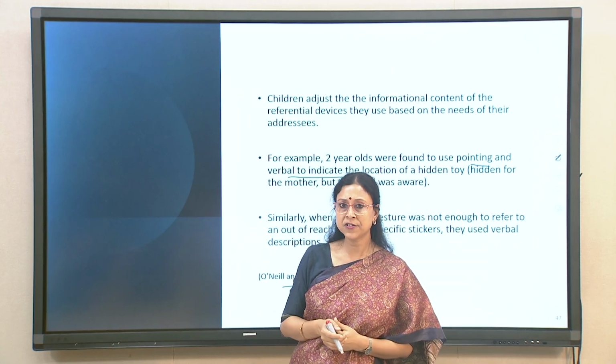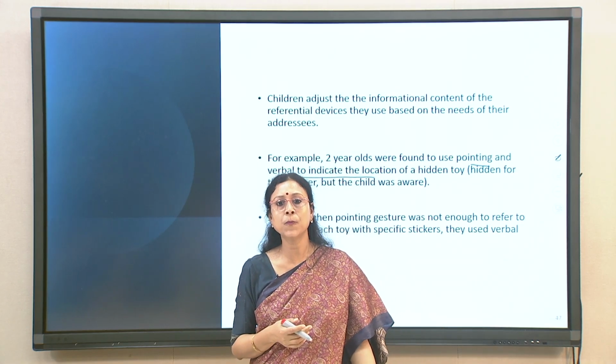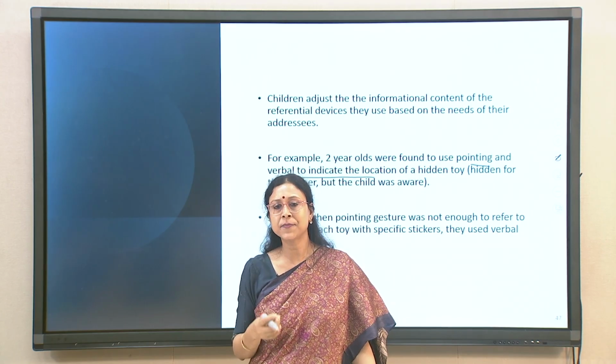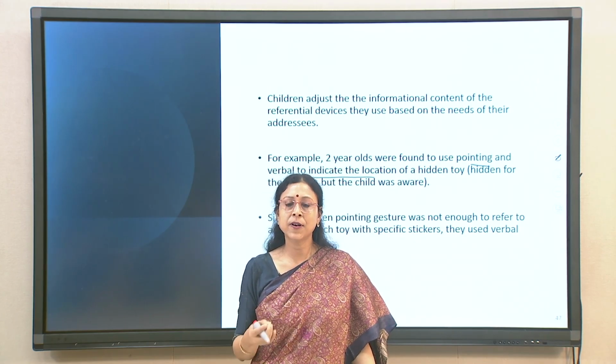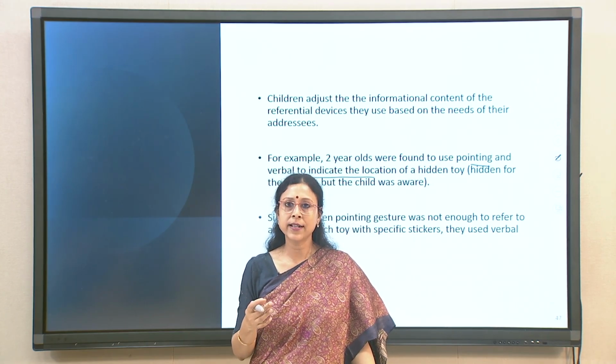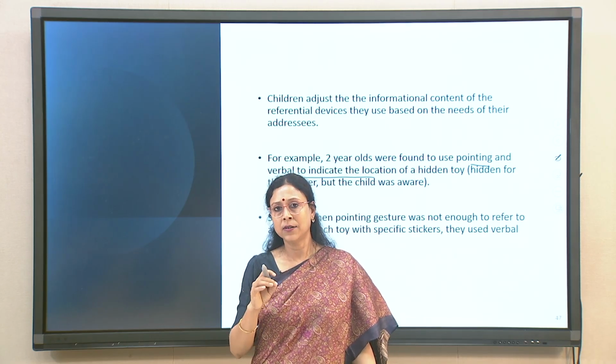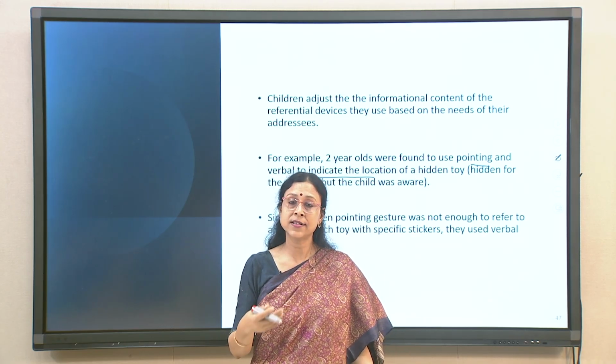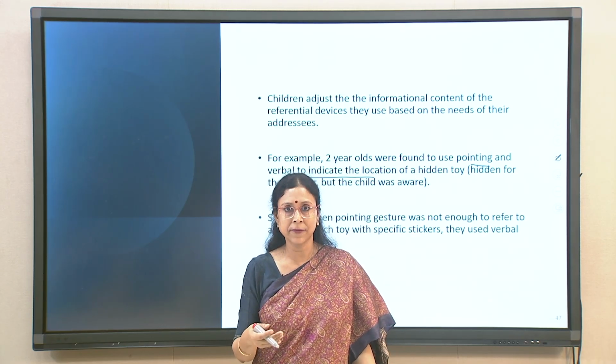Similarly, when a pointing gesture was not enough to refer to an out of reach toy with a specific sticker, they used verbal description, not only pointing. So, they are taking into account their addressee's, their hearer's perspective.